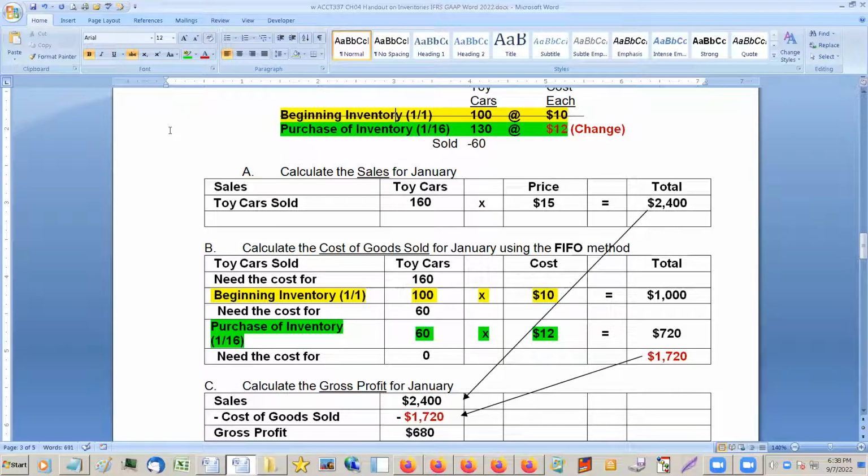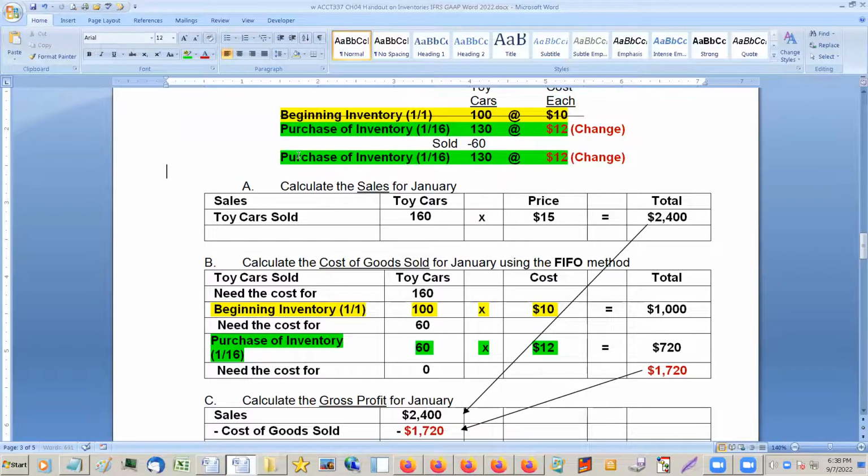Up here, this purchase of inventory we had on the 16th. What's the one of them? 70, I think. Yeah, 70. Okay, so there's 70 left. So we don't have this anymore. This is gone. 60 of those are gone.